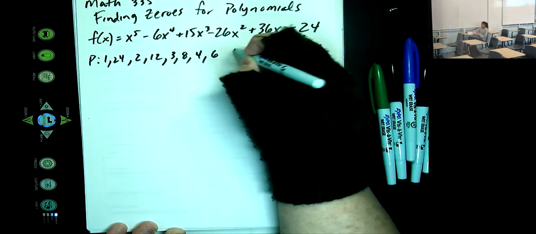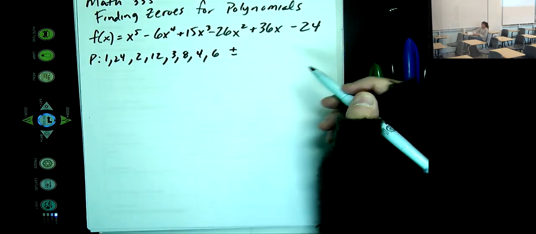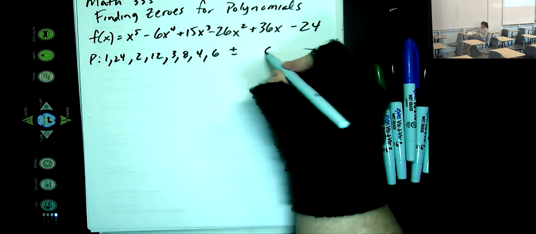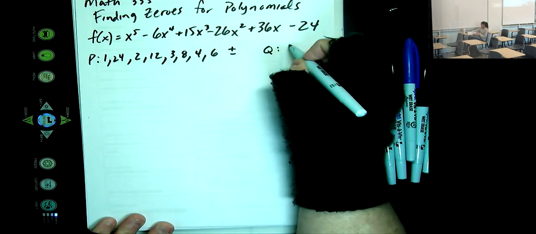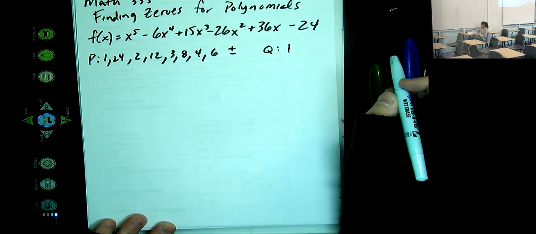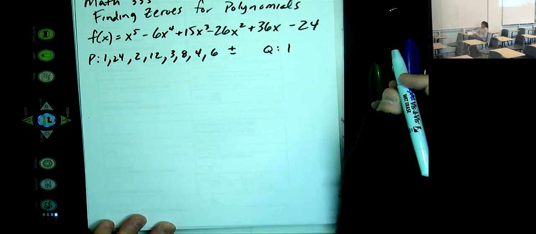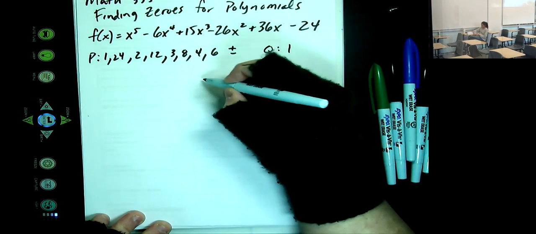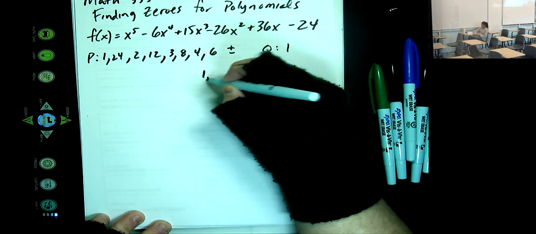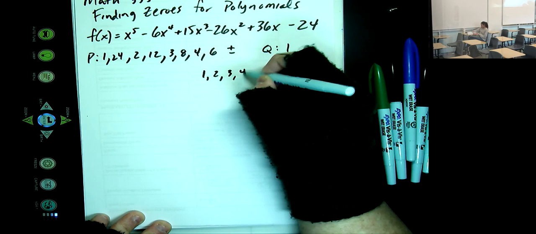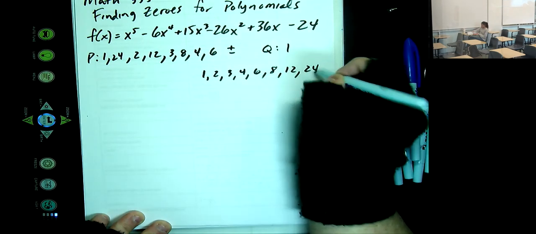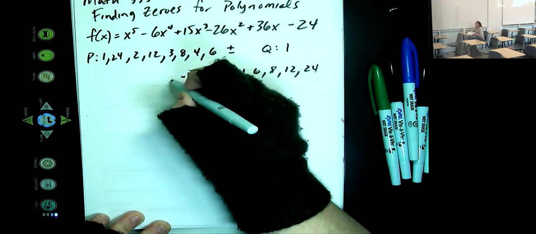And all of these can be plus or minus. Q is just the front one, which is 1. So we have all these numbers: 1, 2, 3, 4, 6, 8, 12, 24. And we go the other way.